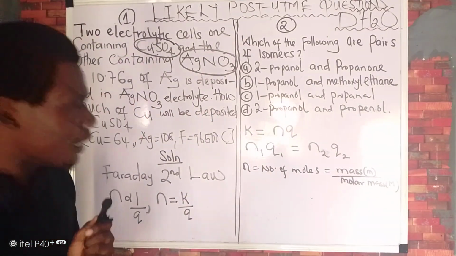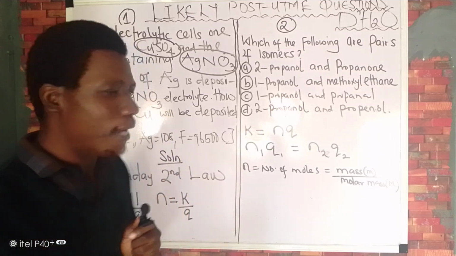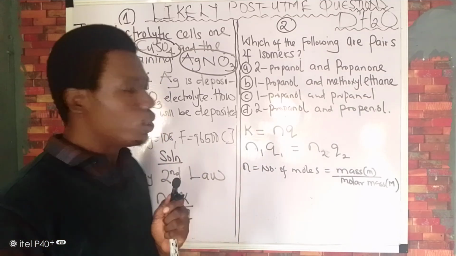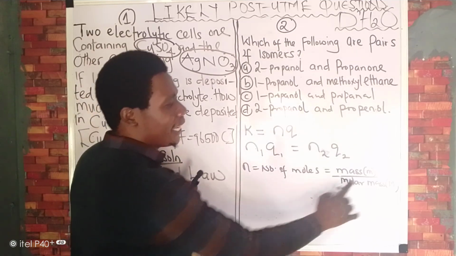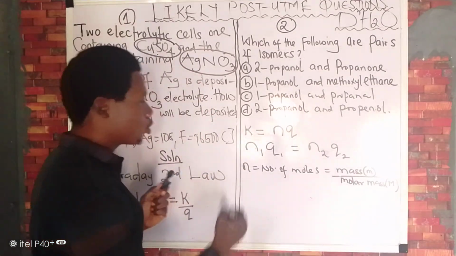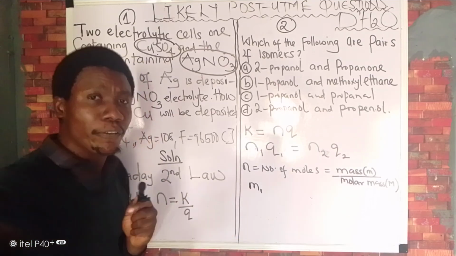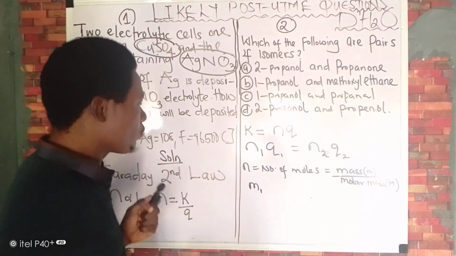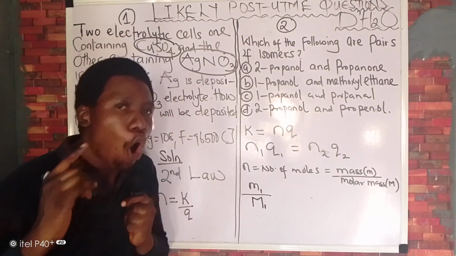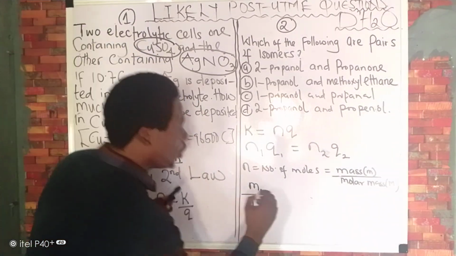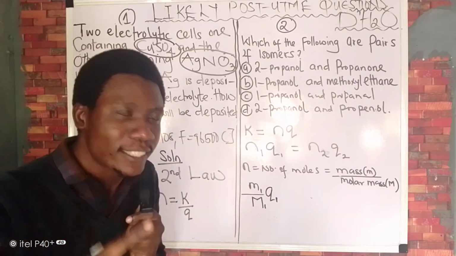And if that is done, let us quickly substitute mass over molar mass into this formula. This N1 will give us M1 over molar mass 1. So we are going to have M1, the mass of the first atom deposited, over the molar mass of the first atom, multiplied by the oxidation state of the first atom.